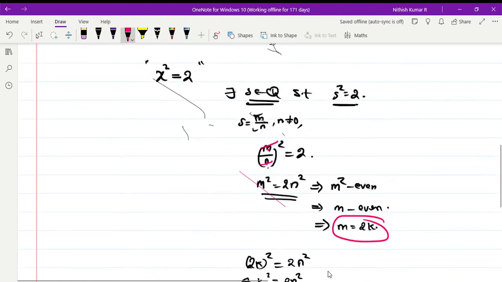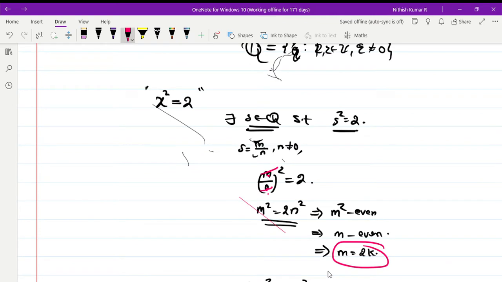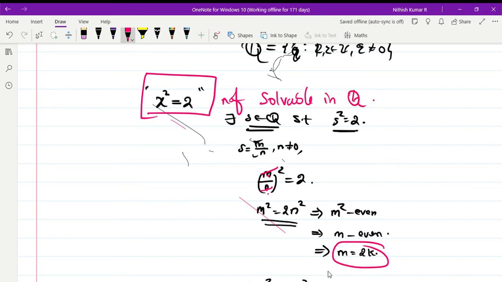Therefore my assumption that x square equal to 2 has a solution in Q is wrong. Therefore x square equal to 2 is not solvable in Q.